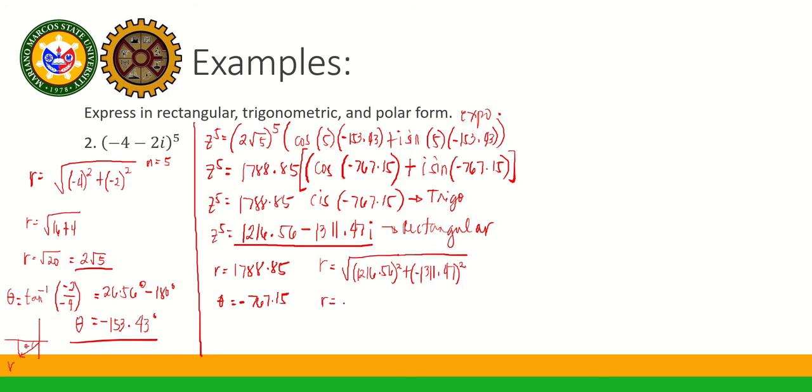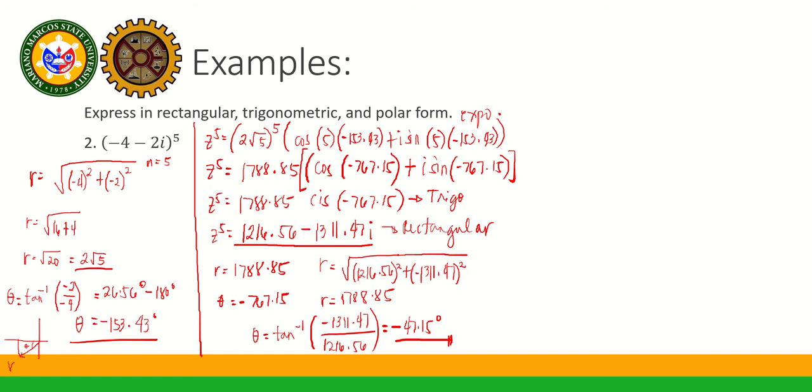So, our R will be equal to, yes, tama, 1788.85. And our theta will be equal to tangent inverse of negative 1311.47 all over 1216.56. This is in the fourth quadrant, so hindi natin kailangang mag-add or mag-subtract ng 180 degrees. So, this is equal to negative 47.15 degrees. So, ito na ngayon yung bagong gagamitin natin na angle, because this one is too high. Masyado siyang malaki.